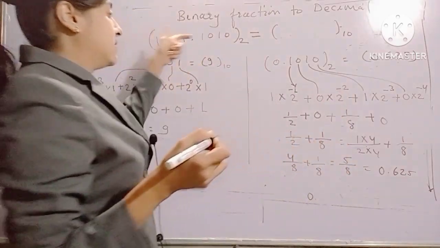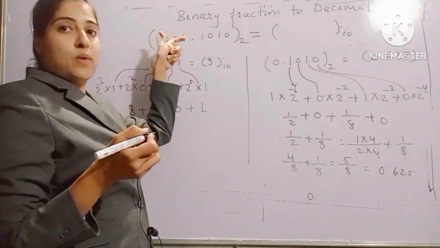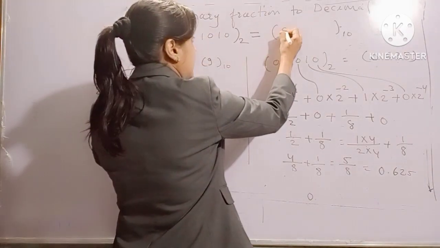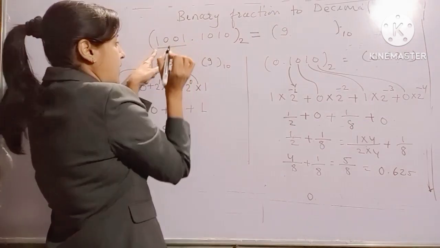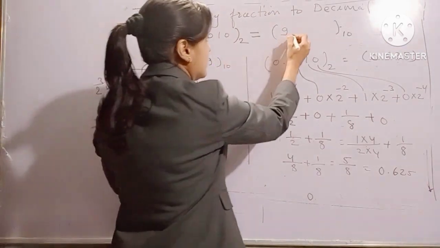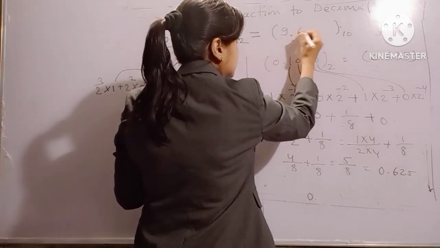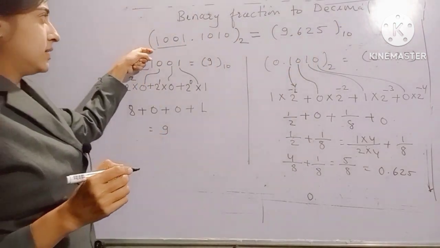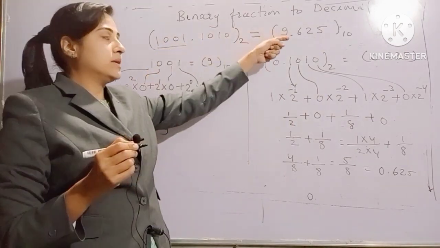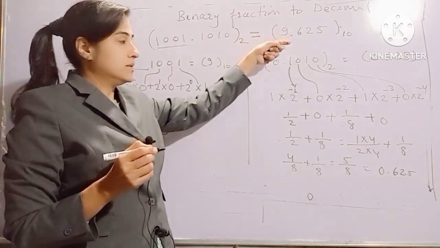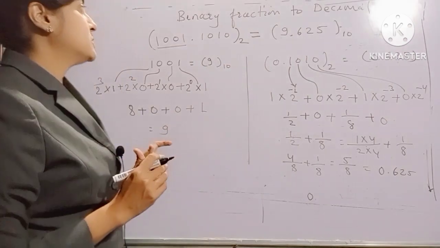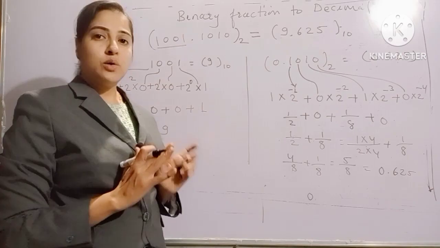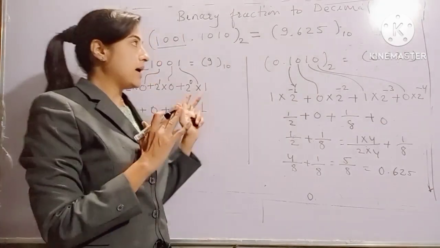If I consider the whole string 1001.1010, I get 9 for the integer part and 0.625 for the fractional part. So for this binary string having a fractional part, I am getting this decimal equivalent. This is the process by which we can convert any binary fraction into decimal. Okay, so I hope this part is clear.